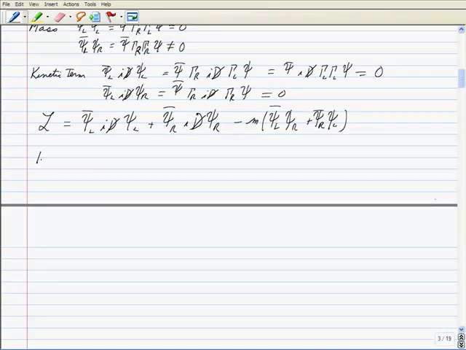The other thing in the massless limit is there's two invariances.